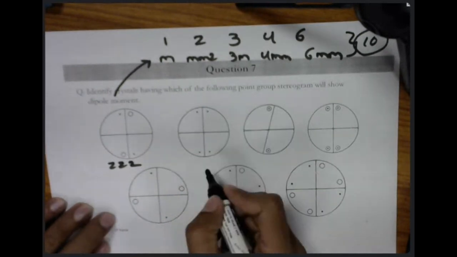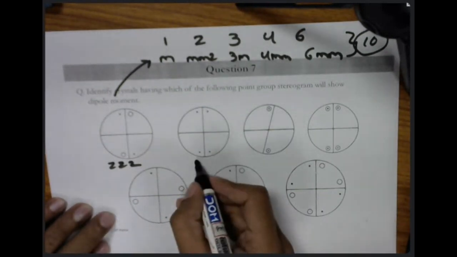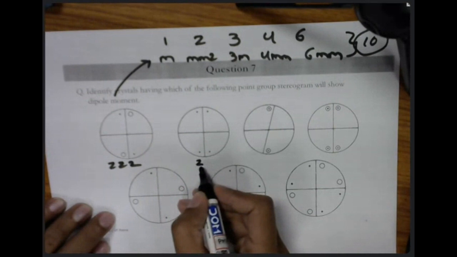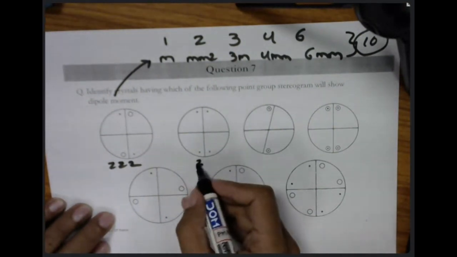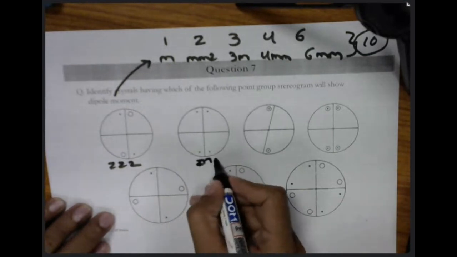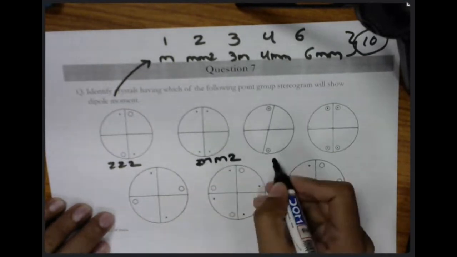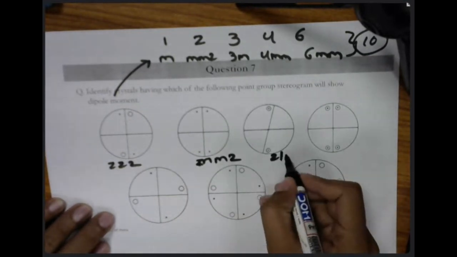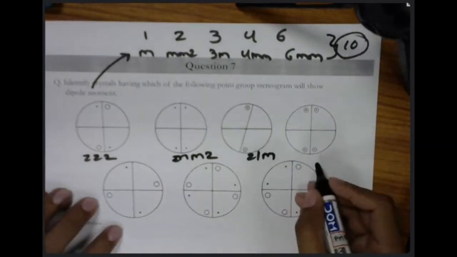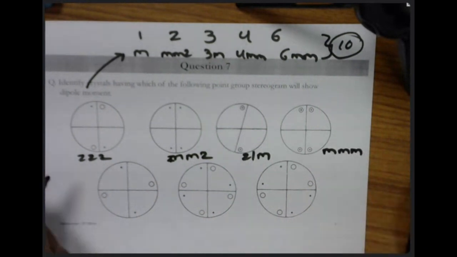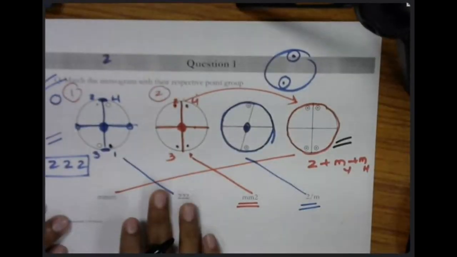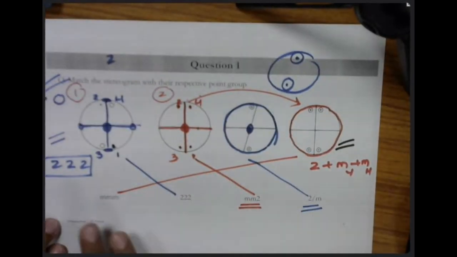This one is 2 over m. No, sorry. This one is mm2. This one is 2 over m, and this one is mm. We found that in question number 1 itself. We have marked all of them.